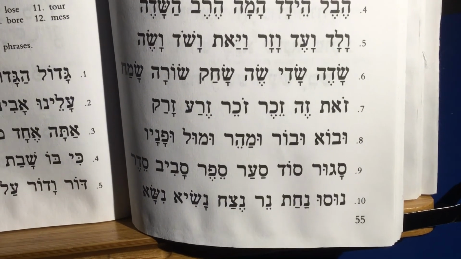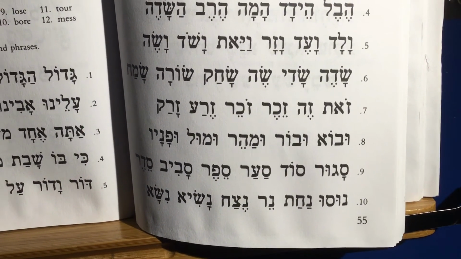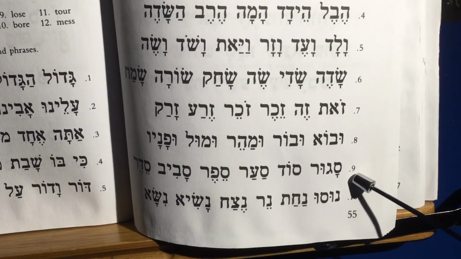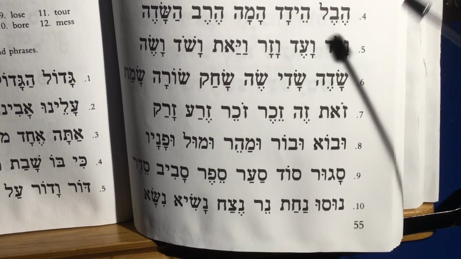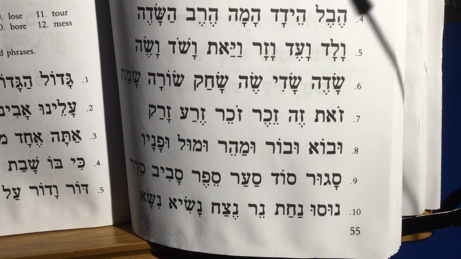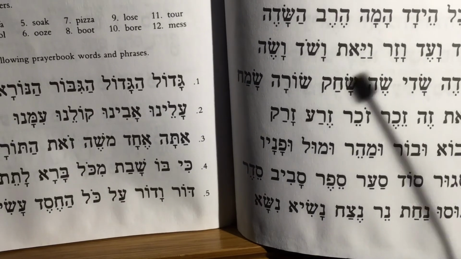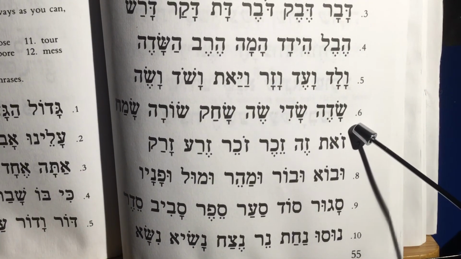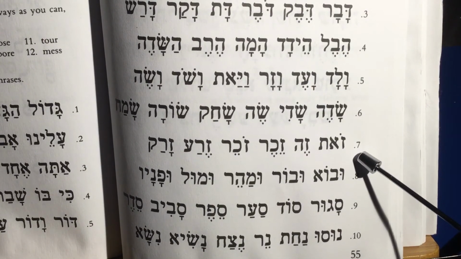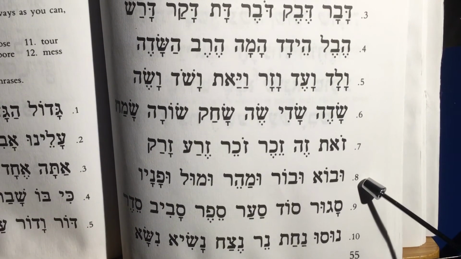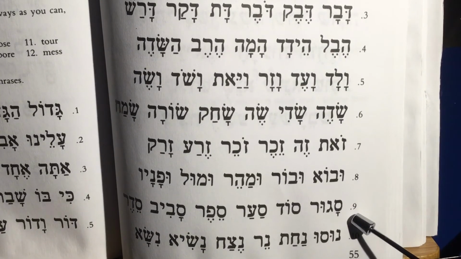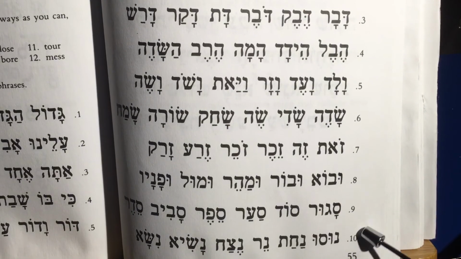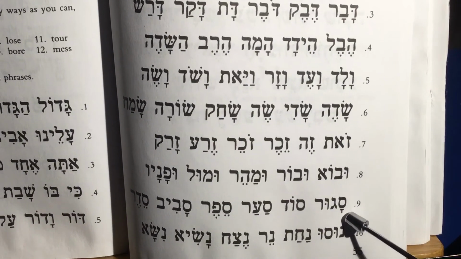Okay, so here we go. Verse 9. I keep saying verse, but this is number 9. 6 is Shesh, 7 is Shava, Shmone is 8, Tisha is 9, and Asar 10. Okay, so we left off at number 9.